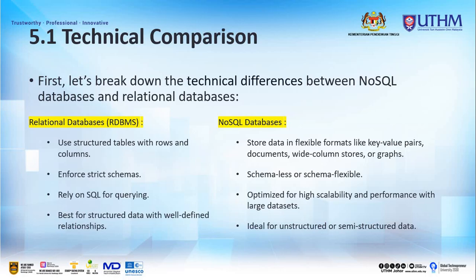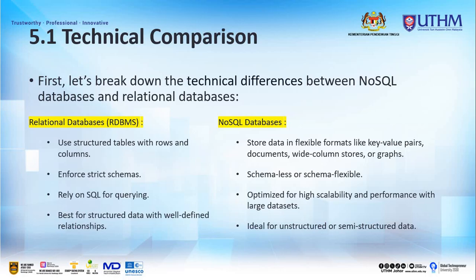First, let's break down the technical differences between NoSQL database and relational database. Relational database is known as RDBMS, relational database management system. It uses structured tables with rows and columns, and enforces strict schemas. So the schemas, you know, right?